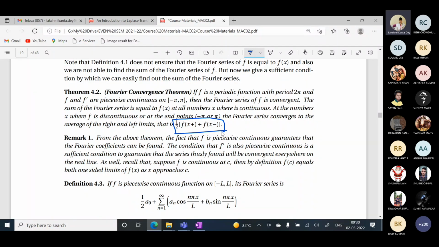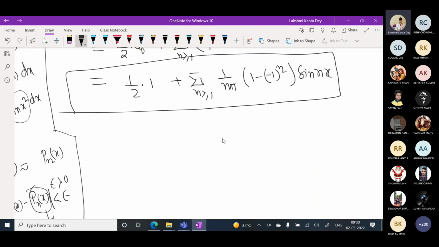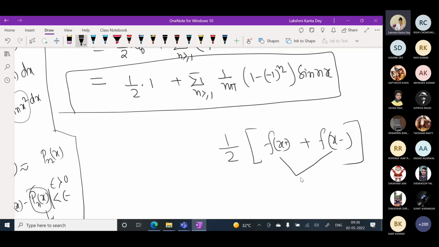Now suppose f is continuous. Then f(x plus) and f(x minus), the left hand limit and the right hand limit, are the same, and equal to f(a). So ultimately it is half of twice f(a), that means it is f(a).